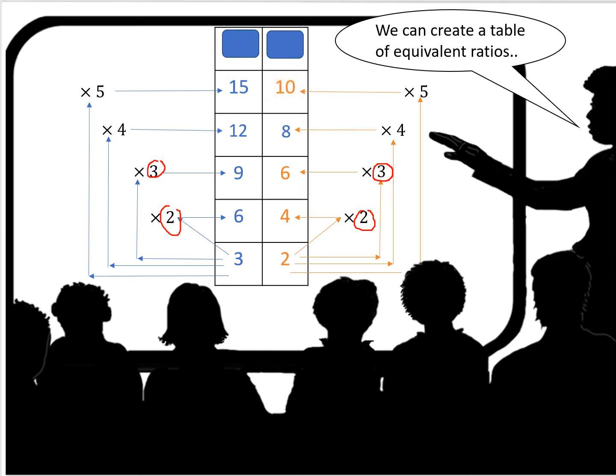What would the next multiplier be? 6. So 6 times 3, I would get 18. And then 6 times 2, I would get 12. 18 to 12 is an equivalent ratio to 3 to 2, and is also an equivalent ratio to any one of these other ratios, 9 to 6, 6 to 4, 12 to 8.